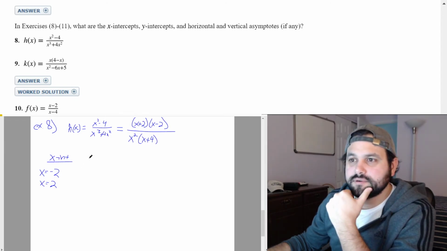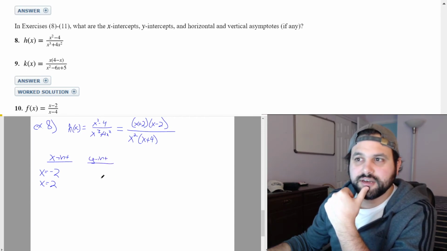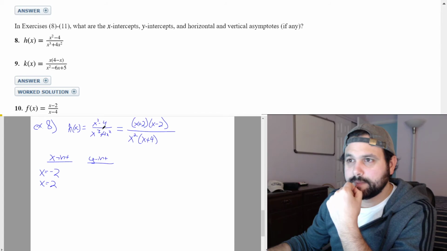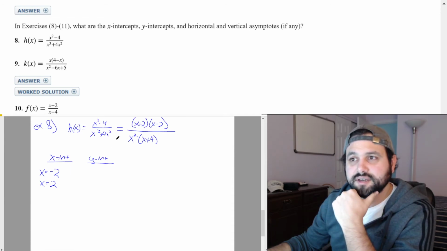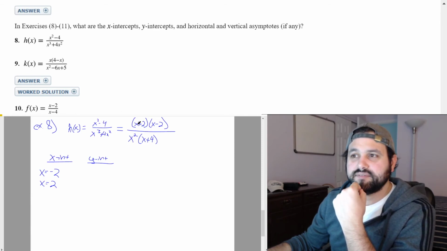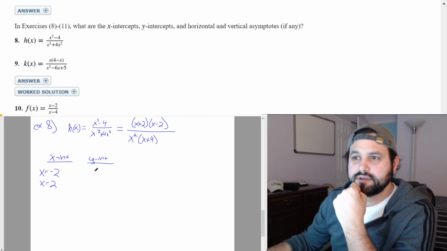Y-intercept. How do we find the y-intercept? We would plug 0 in for all of the x's. So for that, if I plug 0 in, I'm going to have, I'll just show you here, over 0 squared and 0 plus 4, okay?